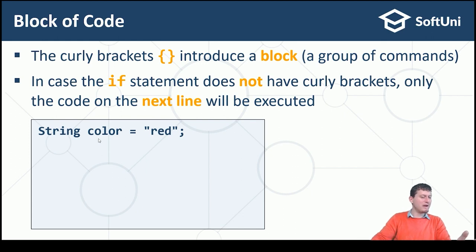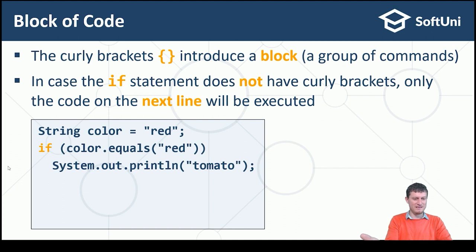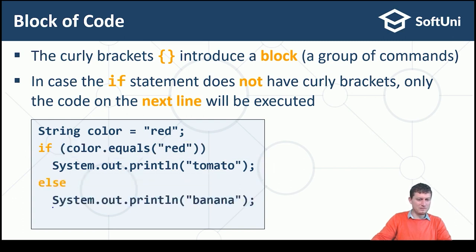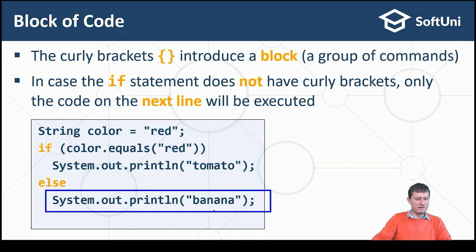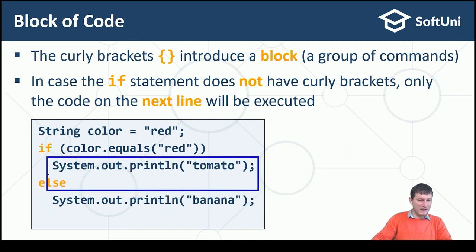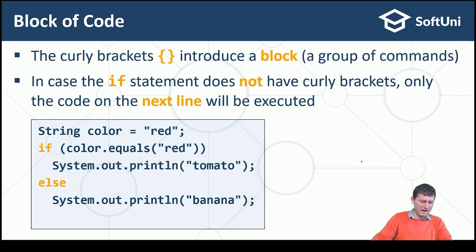So assume we have a variable called color holding the value red, it's a string. If the color is red, we execute this statement. Otherwise, we execute this statement. But if we want to execute several statements here, like first, second, third, we'll need to use these brackets.